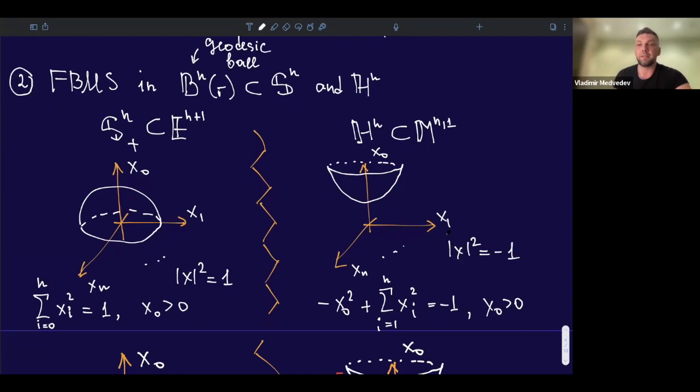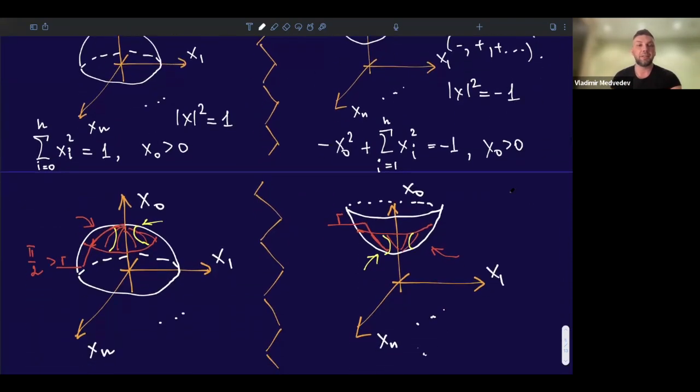But here the Minkowski metric g_0 is going to be of the following form: minus x_0 squared plus the sum of x_i squared, i from 1 to n. So it has signature minus, plus, plus, and so on.